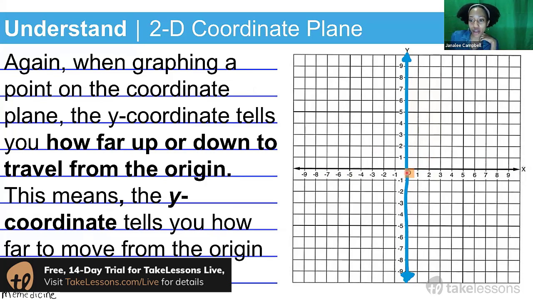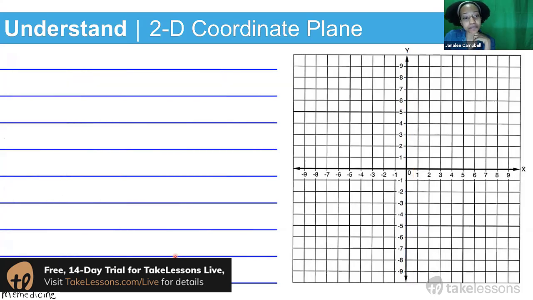If a y value is telling you how far up or down to travel, you're moving away equidistantly from the x-axis. So you're actually moving away parallel to the x-axis, okay? I just wanted to throw that out there. It's not a major thing to harp on, but I just want to give you guys a really clear understanding and perspective on how to navigate the two-dimensional coordinate plane.